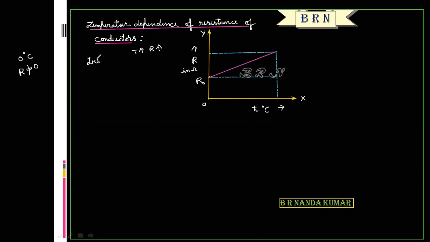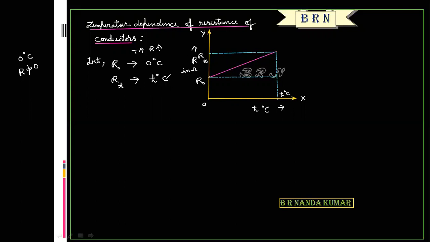Let's consider R naught is the resistance of conductor at 0 degree Celsius, and RT is the resistance of conductor at T degree Celsius. So at this point, let us consider temperature, that is T degree Celsius. Resistance is RT.